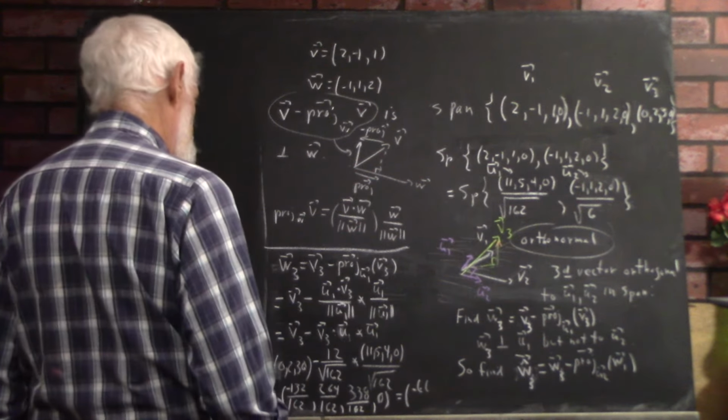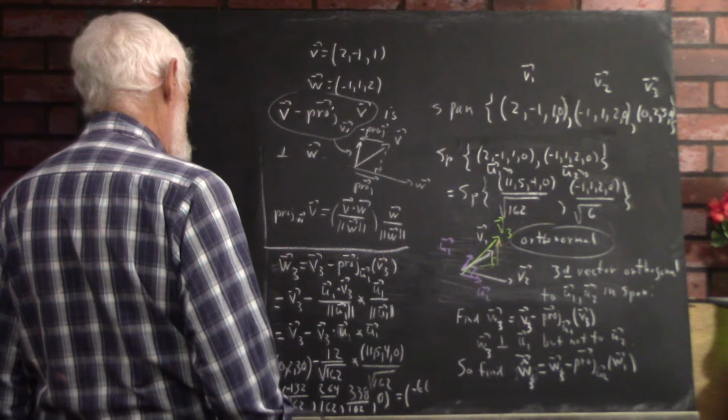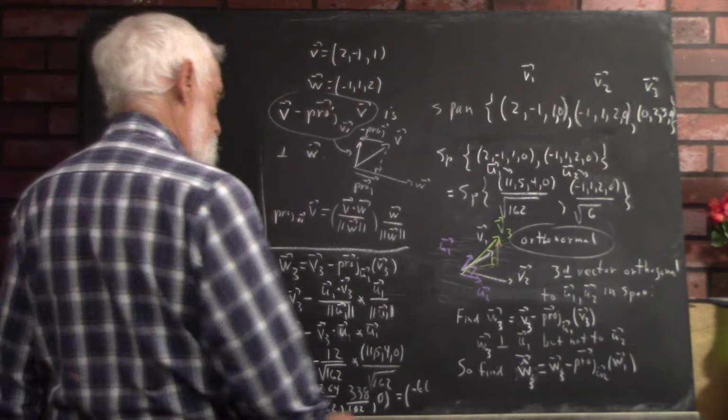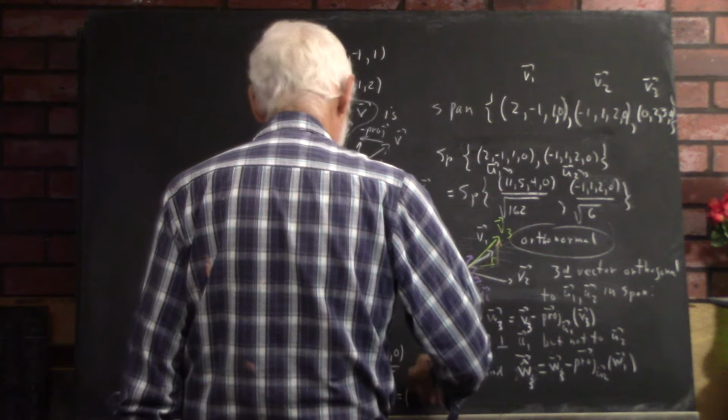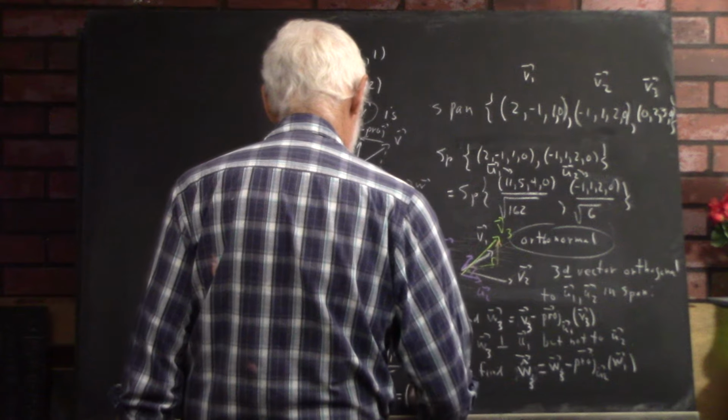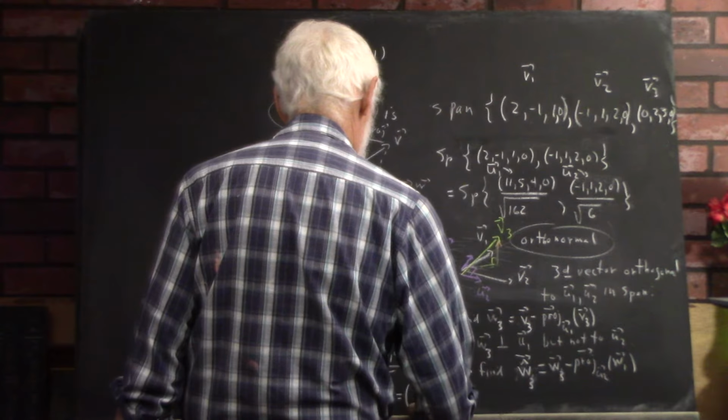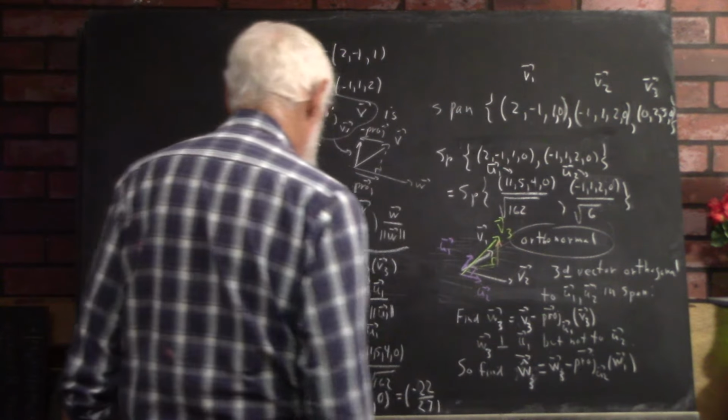It'll be 66 over 81. That's going to reduce to 22 over 27.